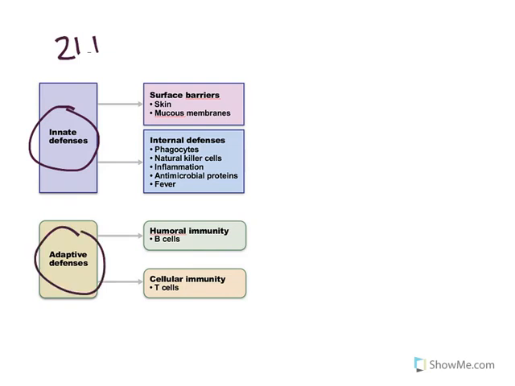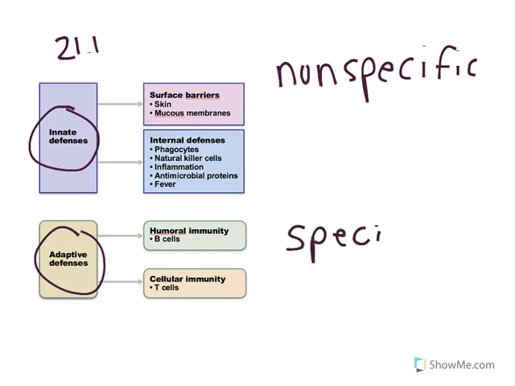So the innate immune system, remember, is non-specific, meaning it doesn't care what the foreign antigen might be. It's going to react the same way, whereas the adaptive immune system is specific, meaning we have to have exposure to a certain antigen for us to produce immunity for that specific antigen.